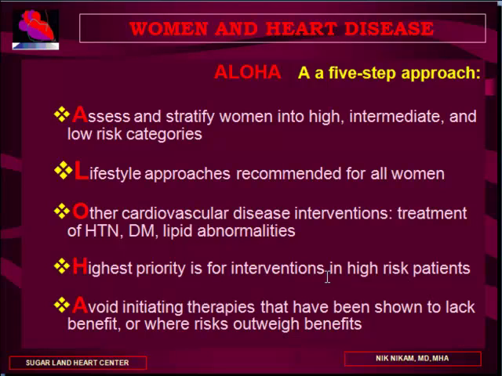High-risk patients must undergo nuclear stress testing and cardiac catheterization to evaluate the presence and the significance of a coronary artery disease, and appropriate steps must be taken to reduce the risk of a heart attack or subsequent heart failure. And avoiding therapies that have not been shown to be of any benefit in the long run.